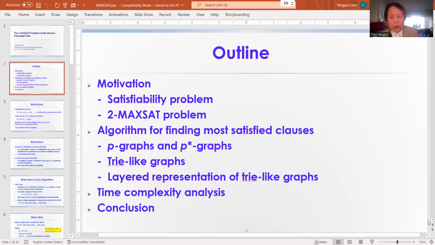By using this layout representation, we can find the solution to the two-mass sort problem very efficiently. Then I will analyze the time complexity of this algorithm. Finally, I will conclude with a brief summary of this talk.